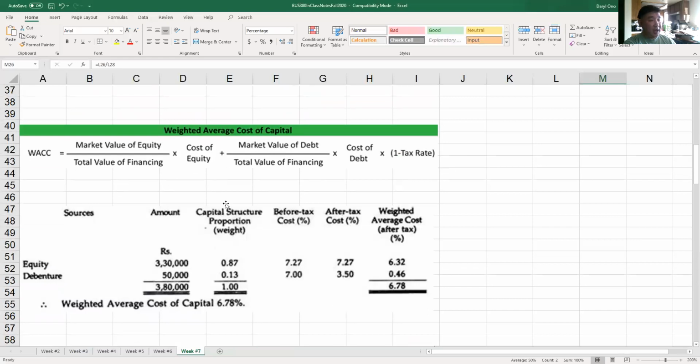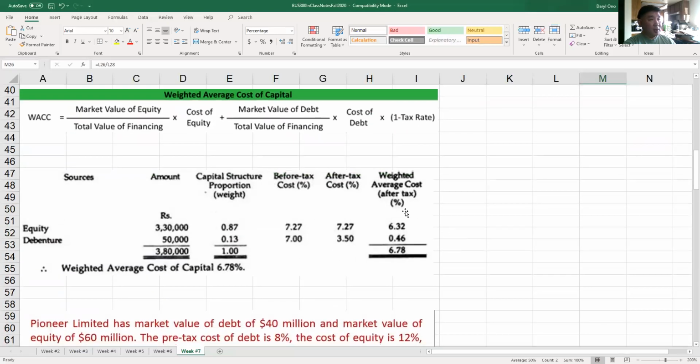This has to add up to 100%. Same thing here. We'll look at these calculations here. All right, so you see that for this company, a little bit blurry here, the equity looks like 330,000 and the debt is 50,000.